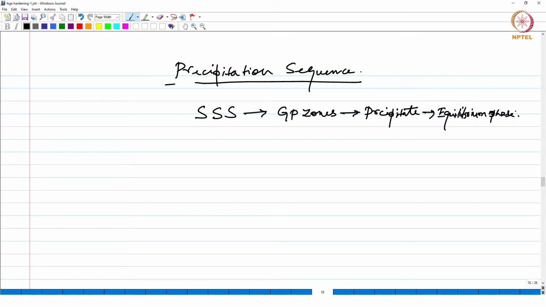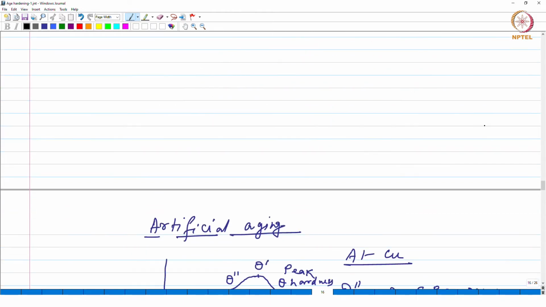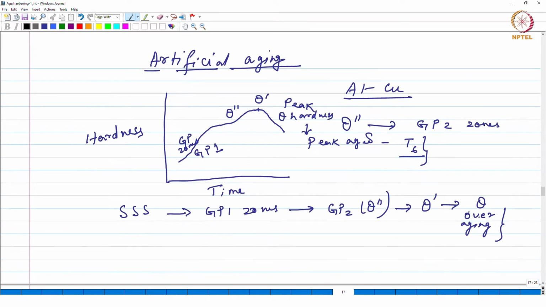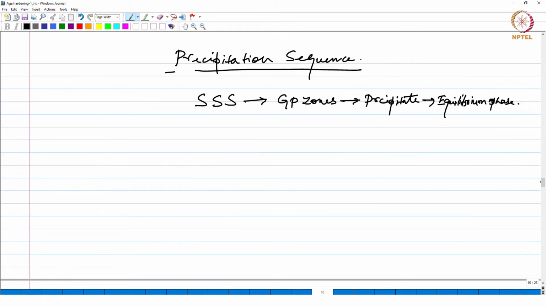With respect to this sequence and the precipitation behavior, we have seen two alloys in the previous lecture. First, we discussed the precipitation sequence in the 2000 series alloys, that is the aluminum copper alloys, and after that, we had seen the precipitation sequence in the 6000 series alloys.